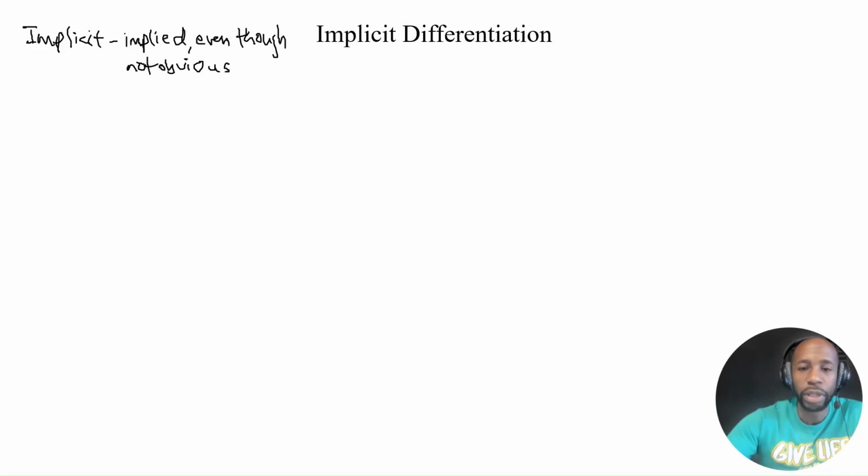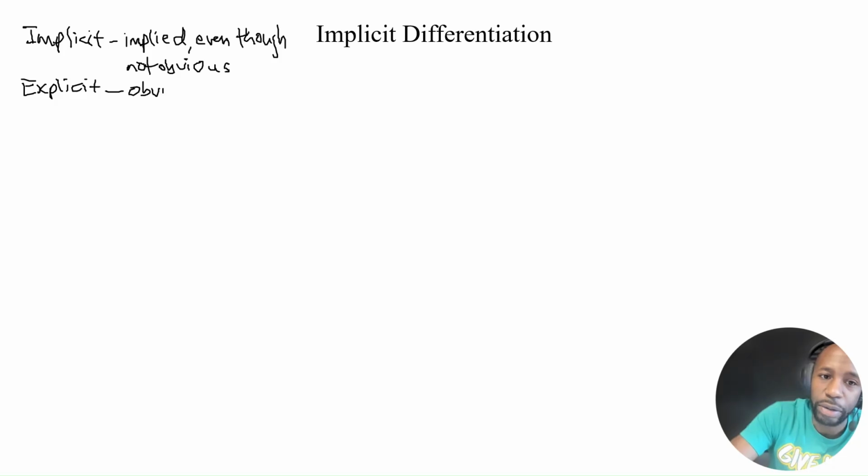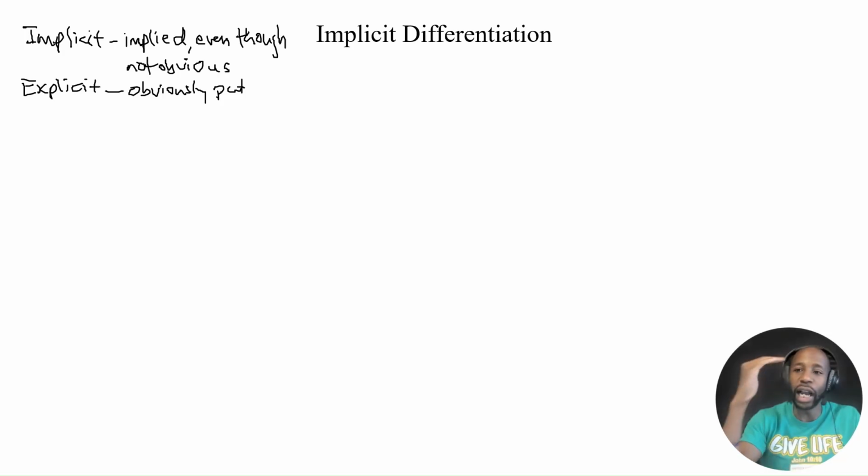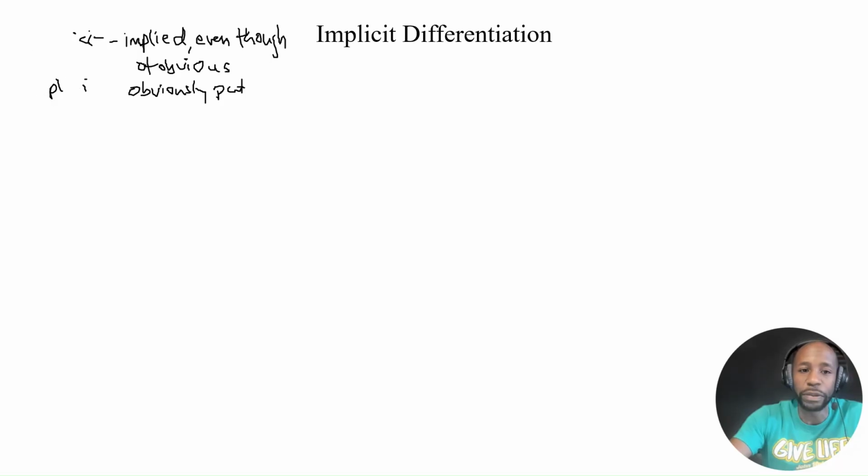Whereas explicit, which is the opposite of that, is basically something that's very obviously stated or obviously put. If somebody is very explicit with the way that they feel, then that means they're very obvious, they're very clear. Whereas implicit is implied. Okay. That said, let's actually talk about implicit differentiation.